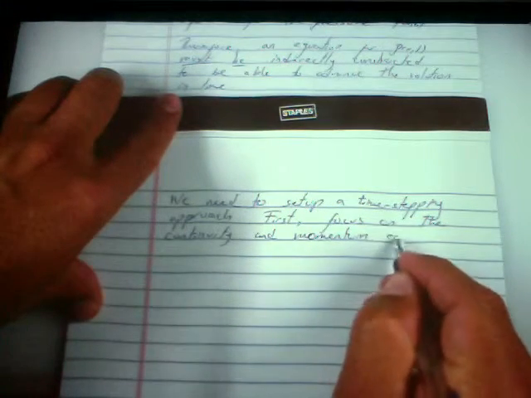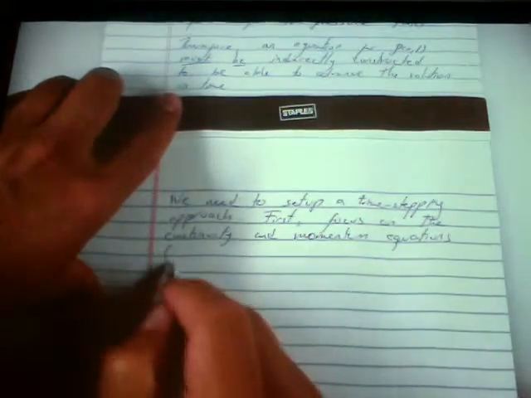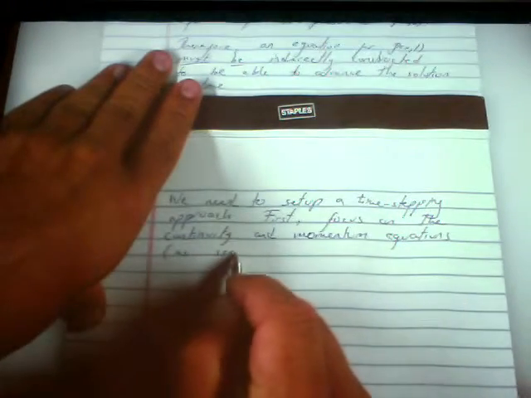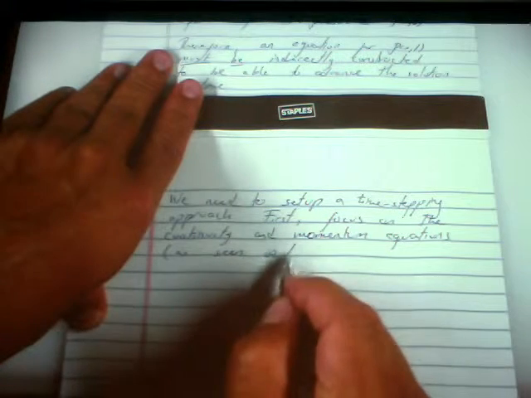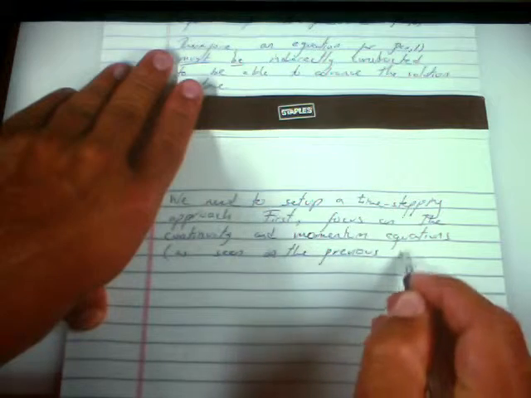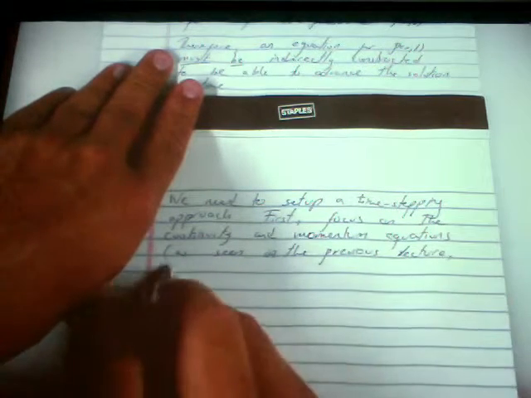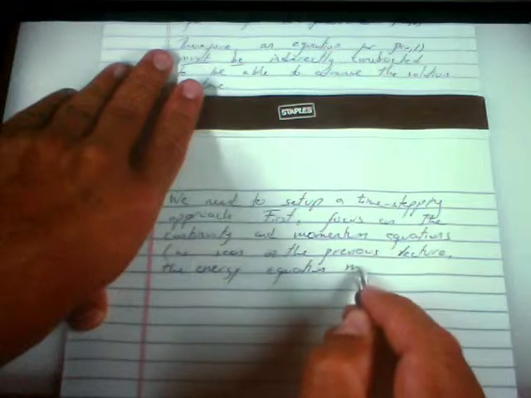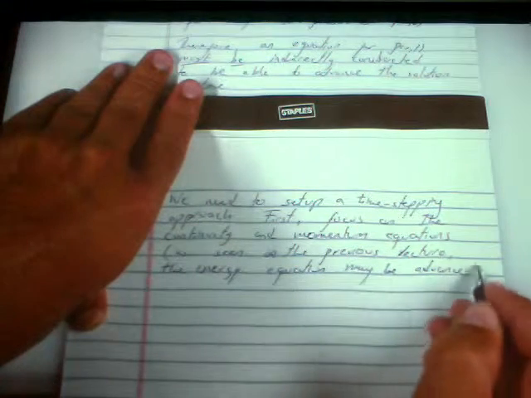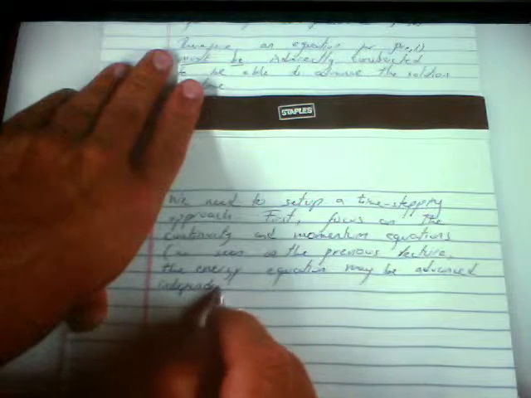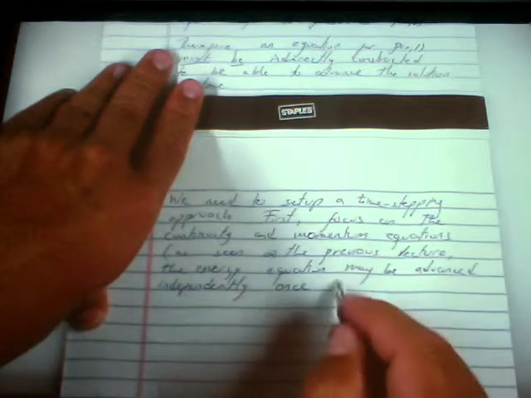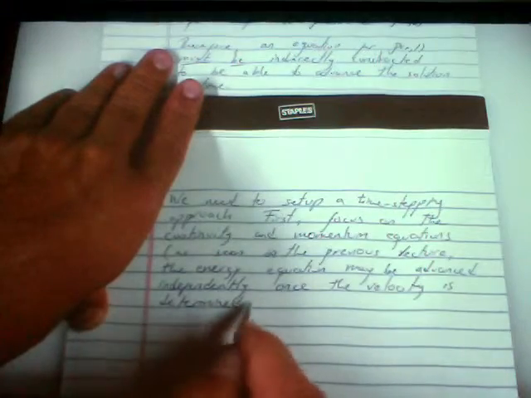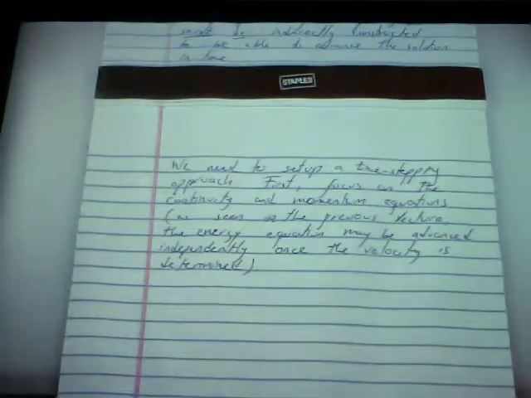And remember that, as seen in the previous lecture, the energy equation may be advanced independently once the velocity is determined. Okay, which makes it a little bit more comfortable.